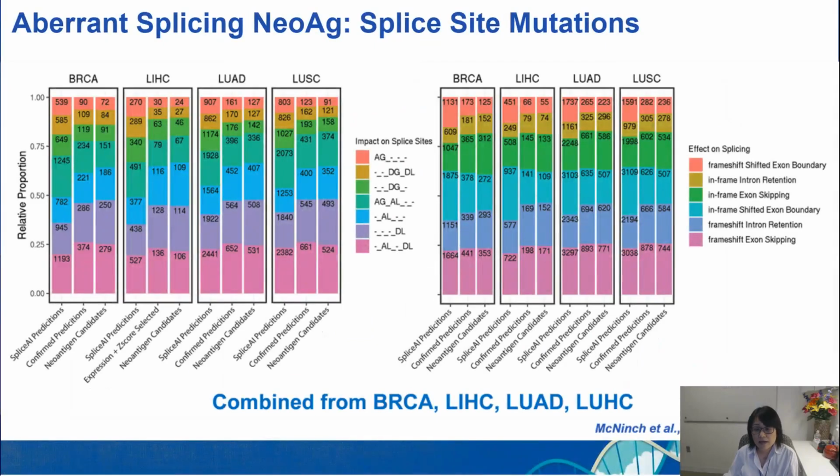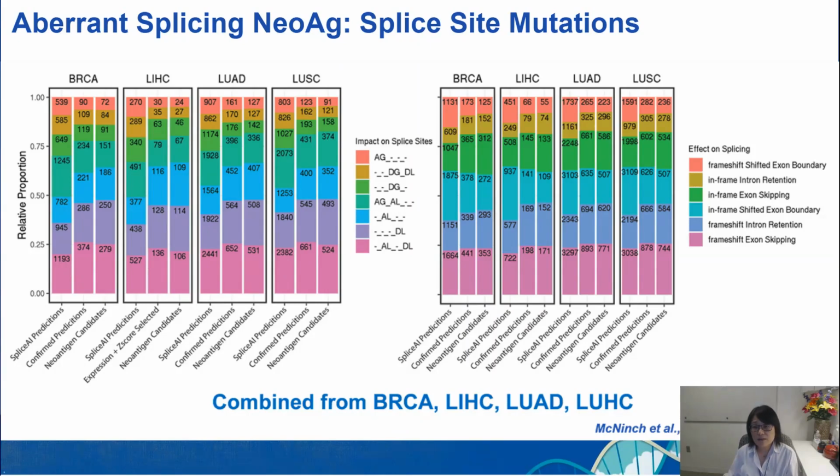Here is a summary of the aberrant splicing events and the neoantigens from splice site mutations. To the left are the counts of different splice site changes. For example, the combination of acceptor loss and donor loss, in pink towards the bottom, gave rise to splice site predicted splicing events.